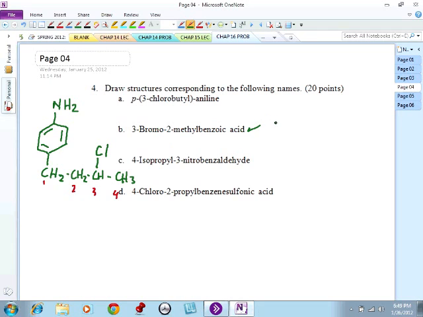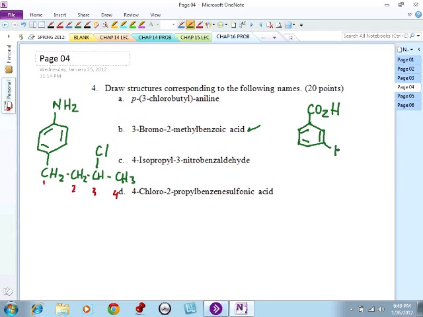This here. 3-bromo 2-methyl benzoic acid. Everybody should get that right. This is benzoic acid, which is the base name. There is a 3-bromo.